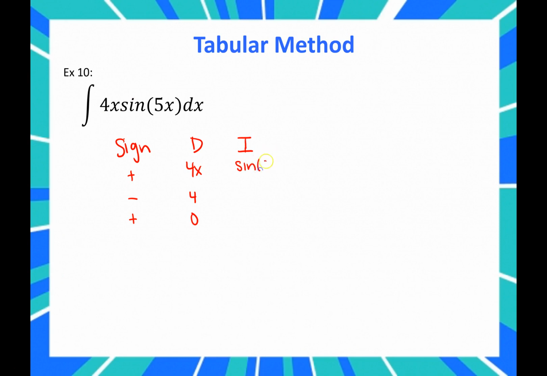So I've got sine of 5x. The integral of that is actually a negative 1/5 cosine of 5x. Well, why did I want the 1/5? Well, that's because when you take the derivative of cosine, you get a negative sine.